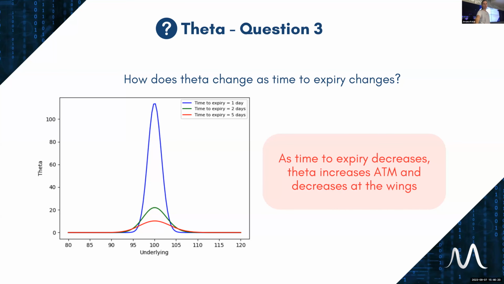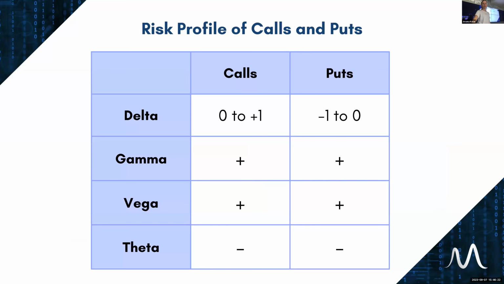Sweet. So we'll just wrap up with a summary of the risk profile of calls and puts. We saw the delta of a call is between 0 and 1. For a put, it's between -1 and 0. This is the change in the price with respect to the underlying.